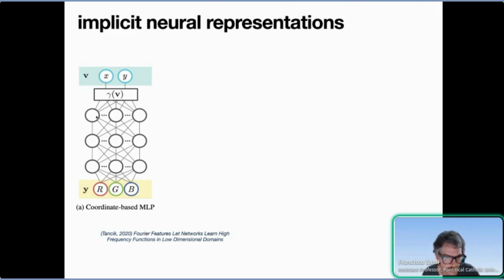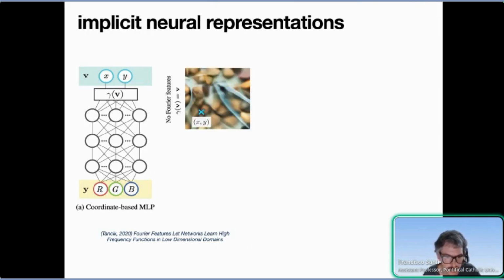So we have the same architecture that I showed you before. In this case, we are trying to learn a color image. One of the key points is that if you just use a regular neural network with just ReLU activations, you will get an image that looks something like this.